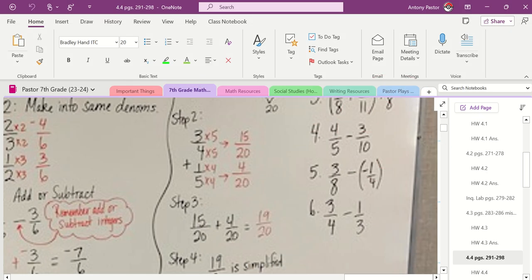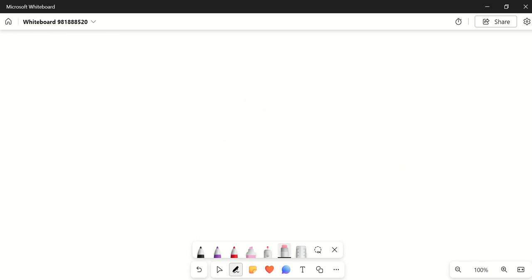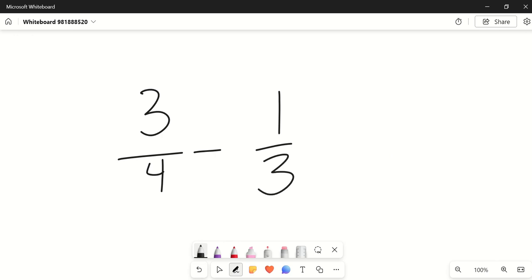And last but not least, 3/4 minus 1/3. Cannot do anything here, so I'm going to find a least common multiple between 4 and 3. If I count by 4s and 3s, it'll be 12. So I'm going to multiply this by 4 and multiply this by 3.